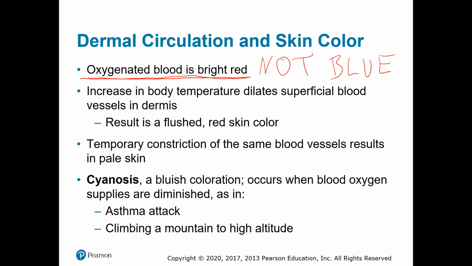So an increase in body temperature will dilate your superficial blood vessels. That means the blood vessels in your skin, in the dermis of your skin, and this will result in a flushed red skin color. Sometimes we call this blushing. But it can also be caused from exercising. And we can turn pale whenever those same blood vessels constrict.